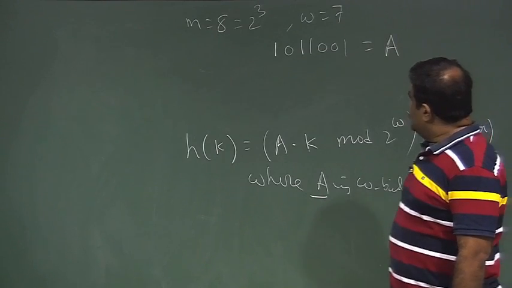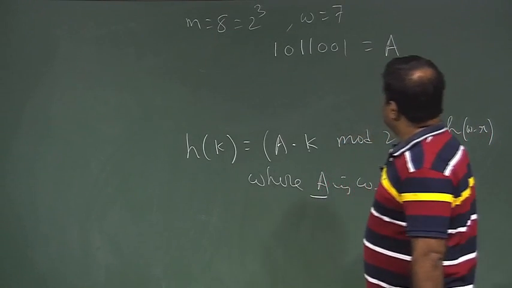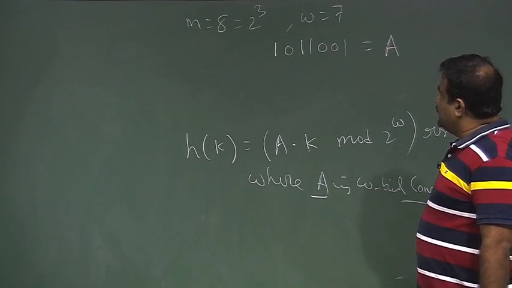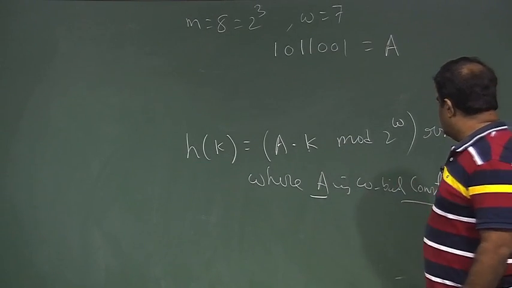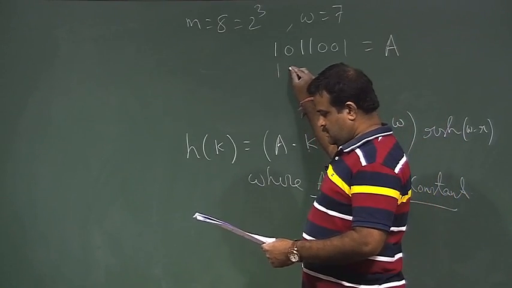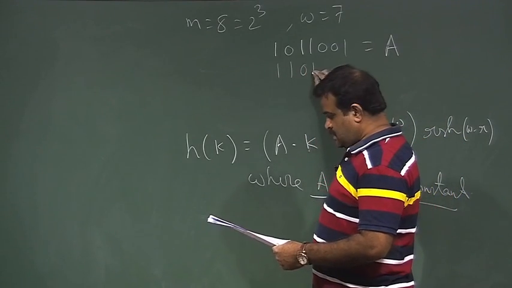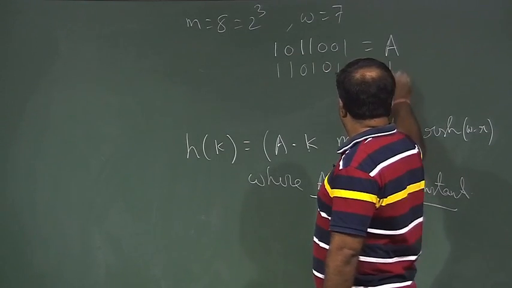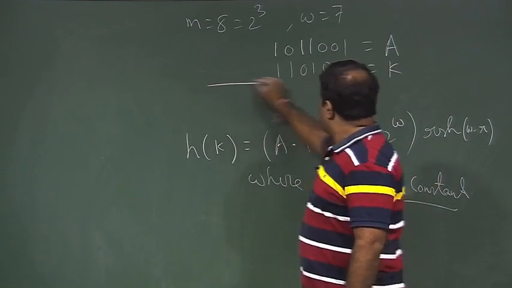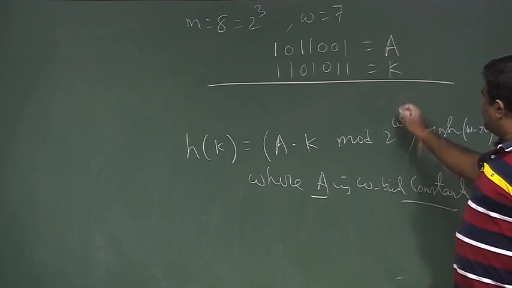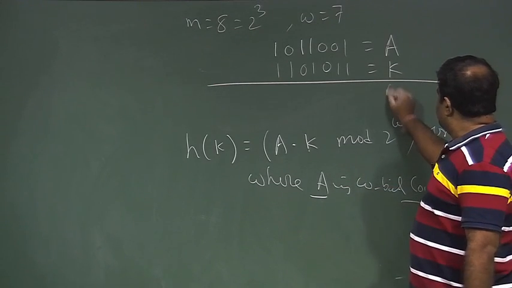Okay. Now, we choose a key which is also 7 bit, and we need to apply the hash function by this formula. Okay, so let us take a key: 1 1 0 1 0 1 1. So, this is our key, say. Now we apply this, we multiply a into k.